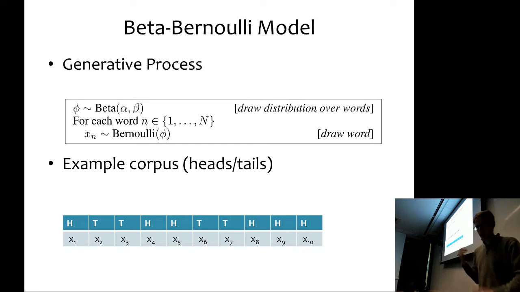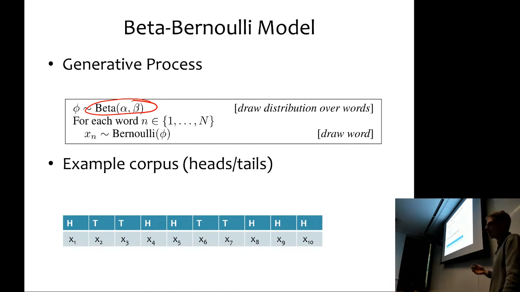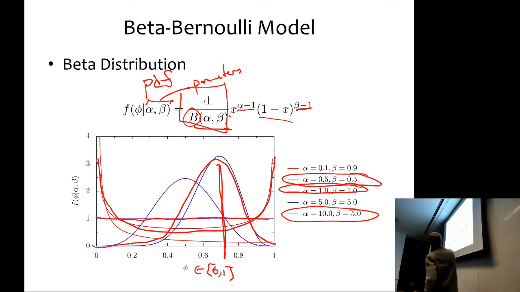So you could think of this as providing a distribution over coin flips. The way that we're going to get it is we're going to first draw the weight of a single coin. So take this beta distribution and draw one parameter phi from it.